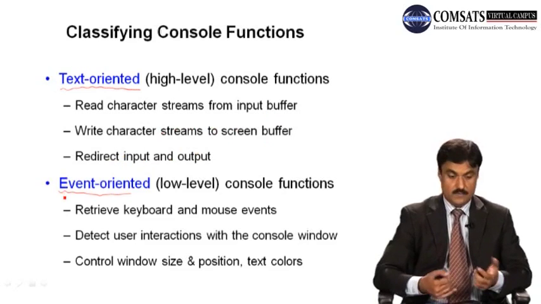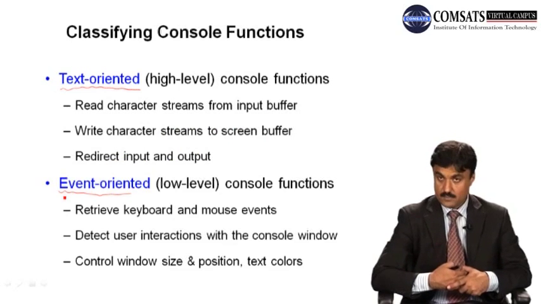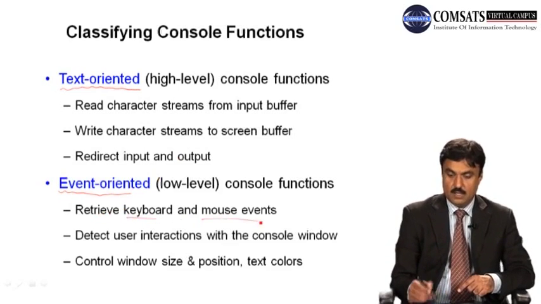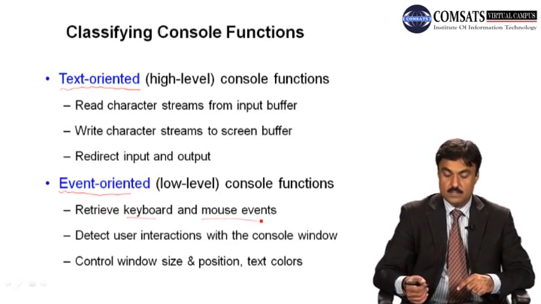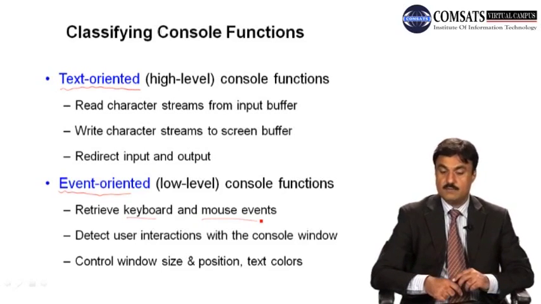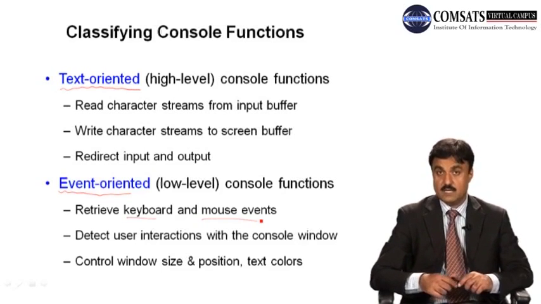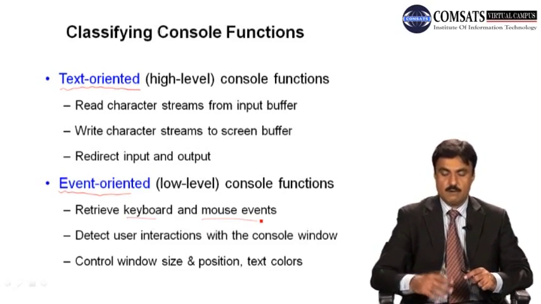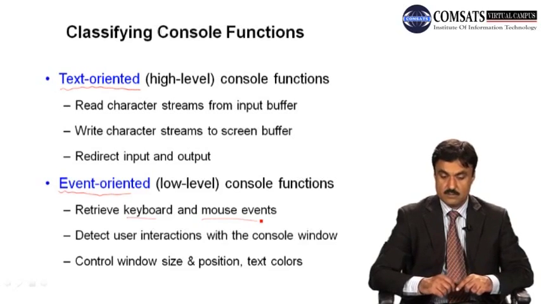The event-oriented, low-level console functions retrieve keyboard and mouse events. For example, you can monitor the status of Caps Lock and other keys, retrieve keyboard and mouse events like pressing a key, right click, or left click, and get the current position of the mouse.